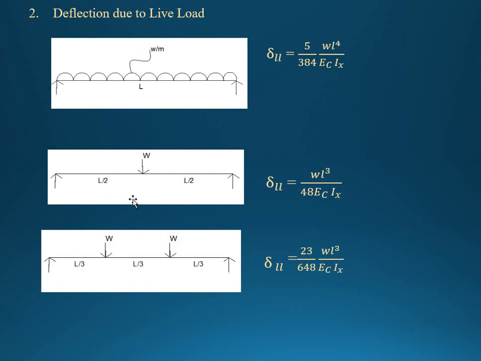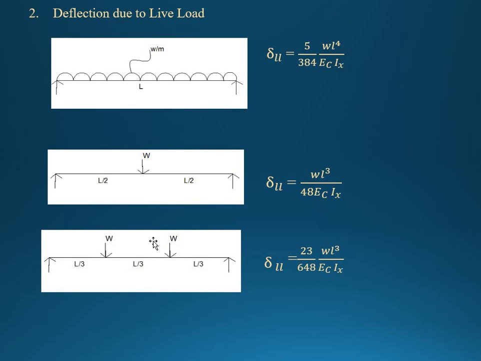The second case is a simply supported beam carrying a point load exactly at the center. If it is at the center, the complete length of the beam is L, so half of that portion is L by 2, L by 2. Deflection due to live load in this case is WL cube by 48 Young's modulus of concrete into IX.